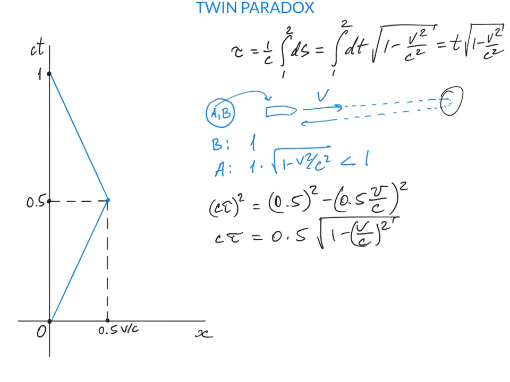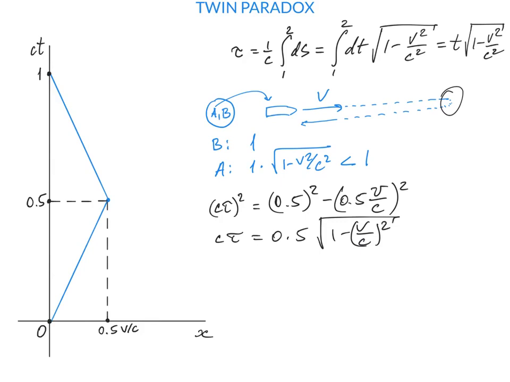So this is fully equivalent to the formula here and the result that we've got. So when we're dealing with the Minkowski diagram, that's all we do. Use the hyperbolic Pythagorean theorem.